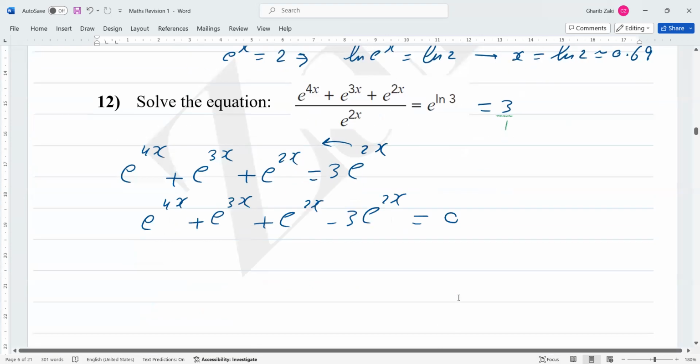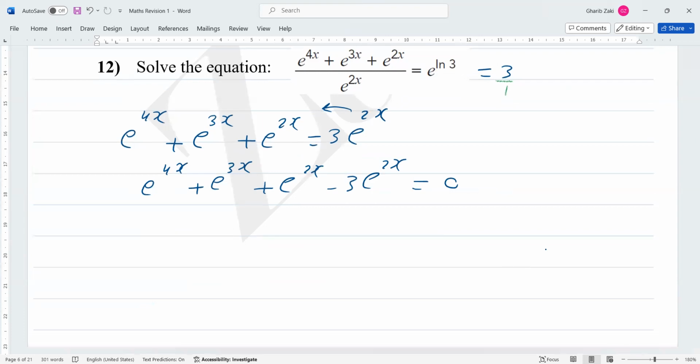Okay, now the like terms here. So e power 4x plus e power 3x minus 2 e power 2x equals 0. Take e power 2x common factor. So e power 2x, divide each term by the common factor, e power 4x divided by e power 2x, e power 2x.